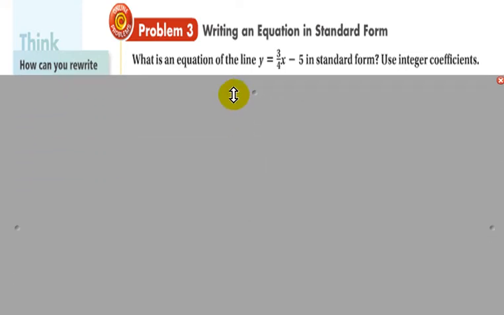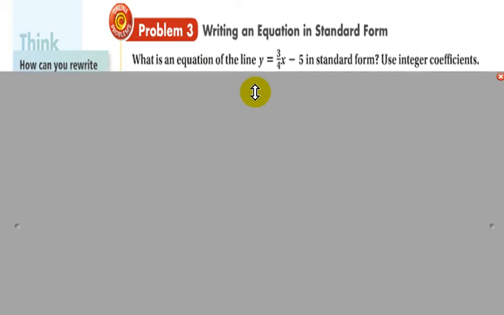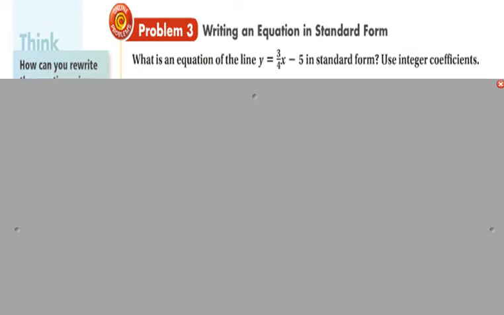So the next thing, it says, what's an equation of a line y equals 3/4 x minus 5 in standard form? Well, we know standard form is ax plus by equals c. So your x and y is on one side of the equation, your constants on the other. Right now it's in slope-intercept form, right?